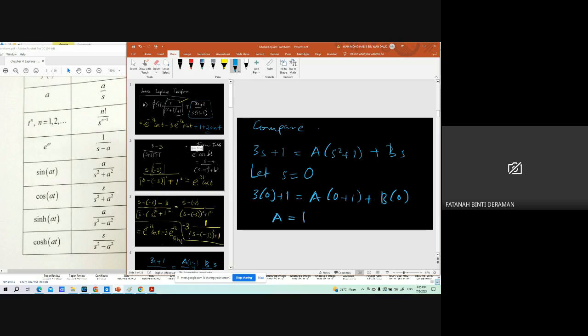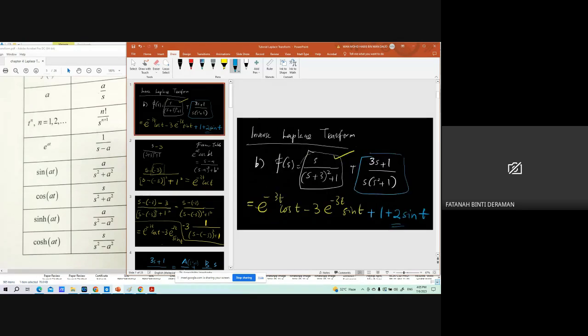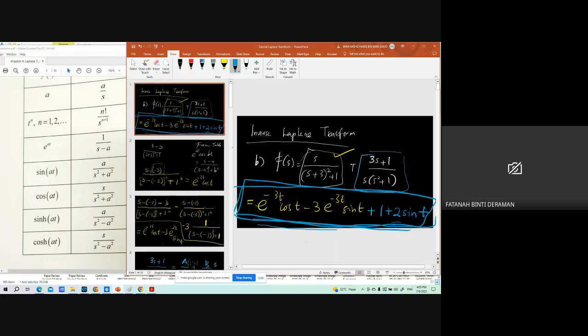Only 5 terms. So we accept this. This is our final answer. We accept this. Do you agree or not? Did anyone get something different from the answer in the textbook?